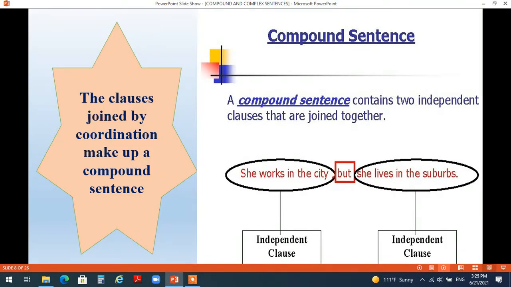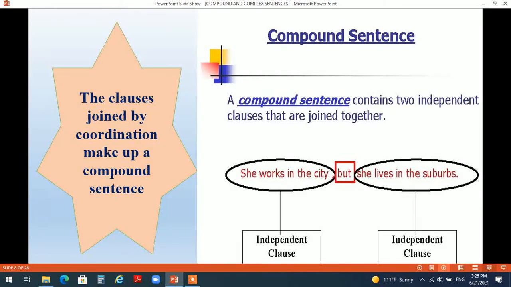Now, the clauses joined by coordination or coordinating conjunctions make up a compound sentence. إذن حين نربط ما بين عبارات فعلية أو جمل بسيطة باستخدام one of the coordinators راح تتكون عندي نوع جديد من الجمل أطلق على هذا النوع من الجمل المركبة or compound sentences.